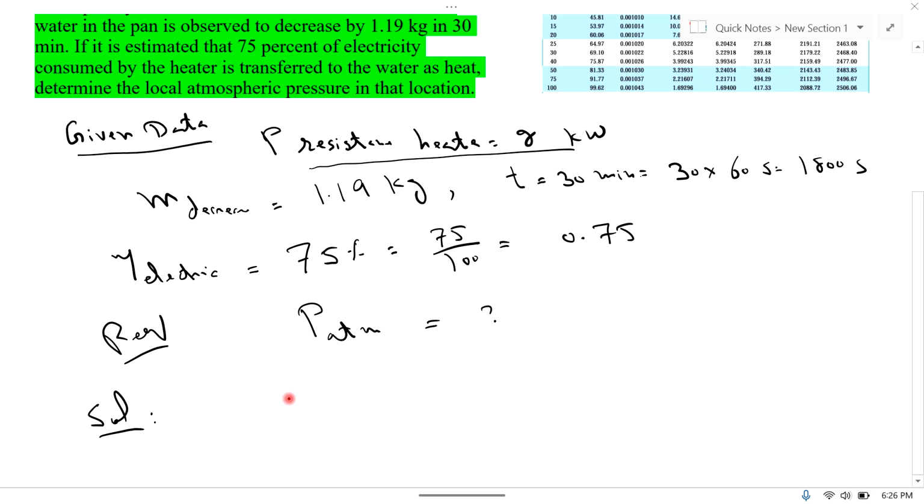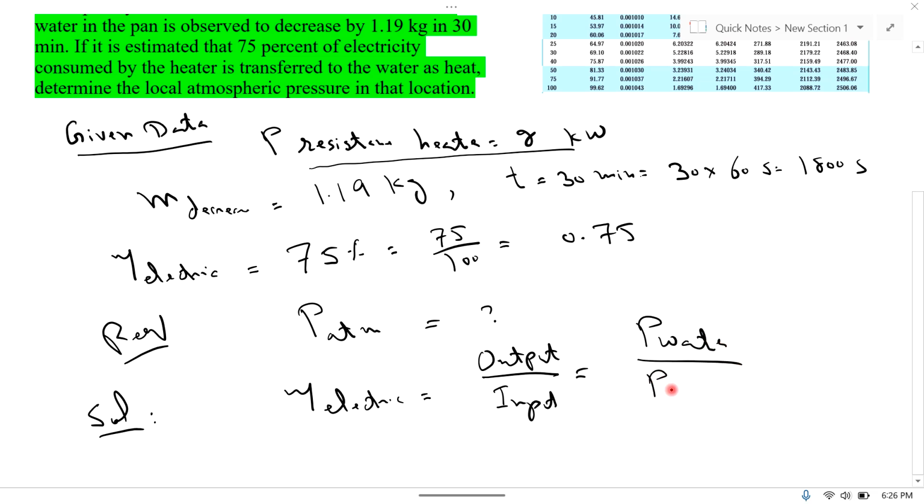So we know that electric efficiency is basically equal to output divided by input. So power transfer to the water is basically output, and power transfer by the heater is basically input.